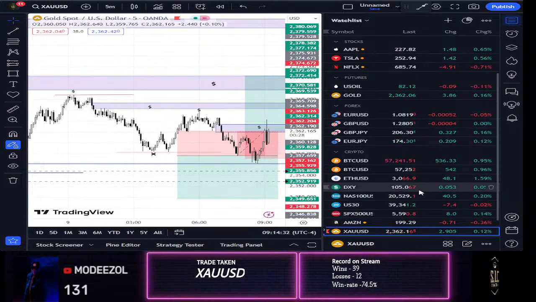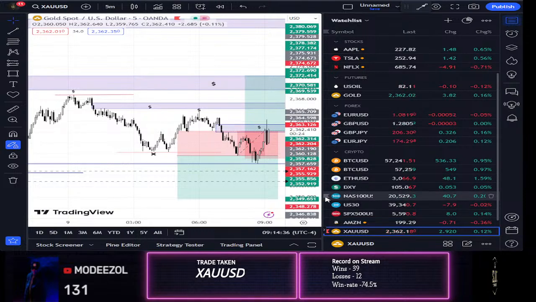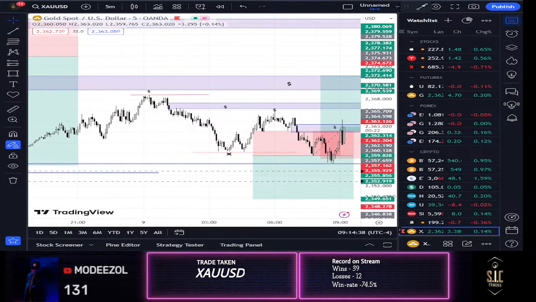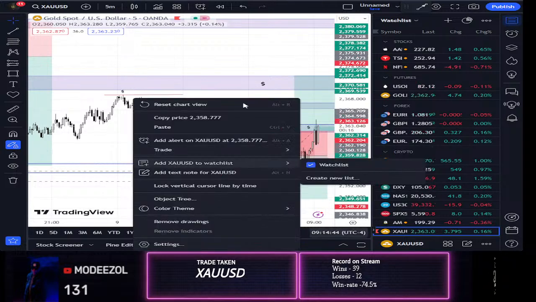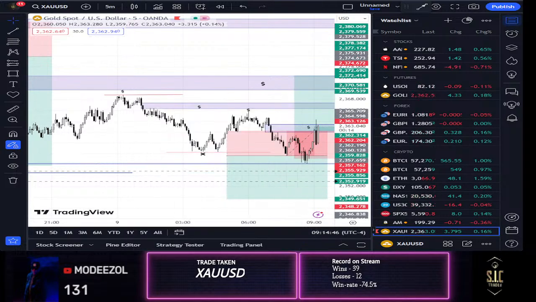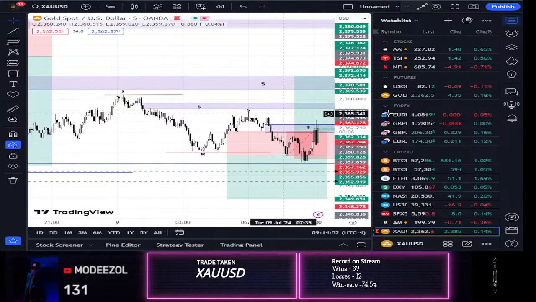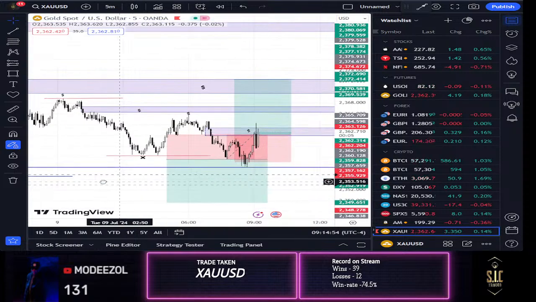Keep an eye on DXY price. Matter of fact, let me just slide this over some. Like right there. Okay, that'll work. And then we'll just move this over here.